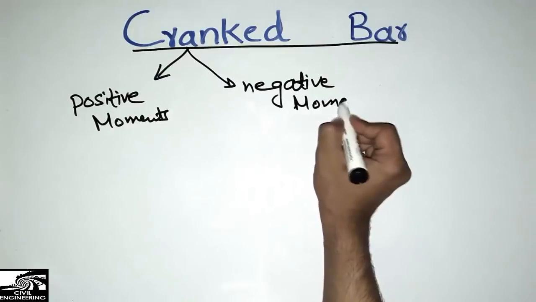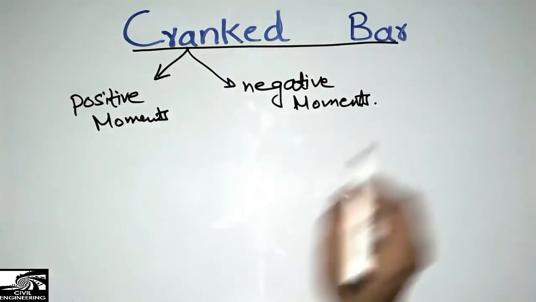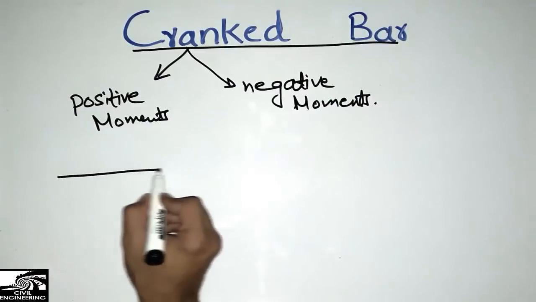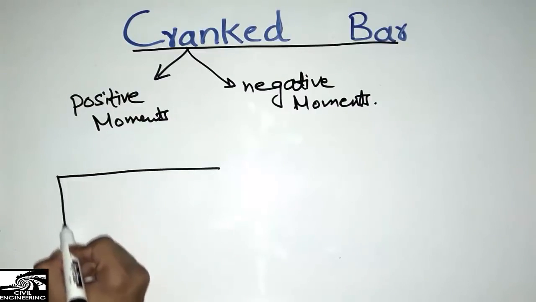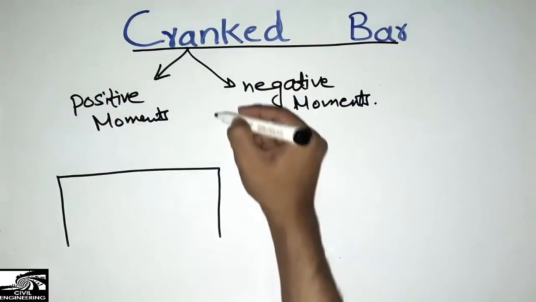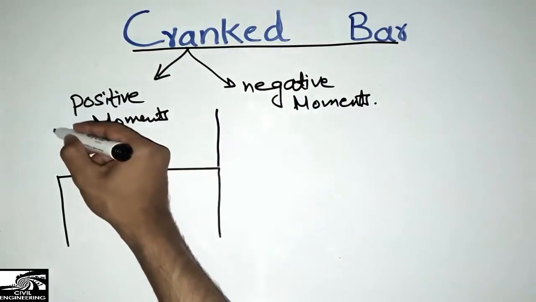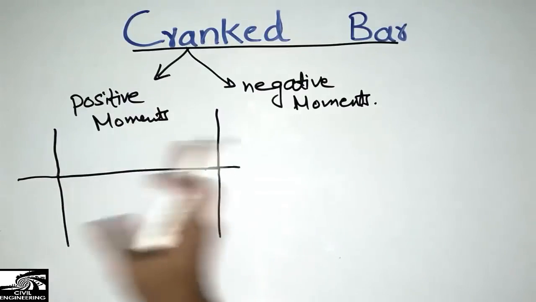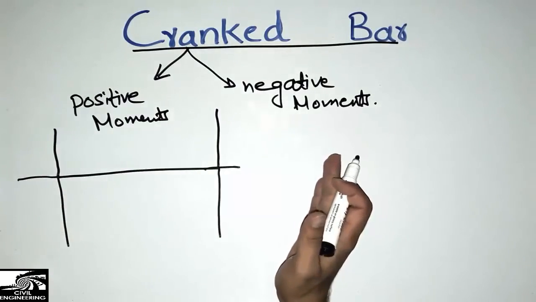So how? Let's take an example of this beam, and these are the two columns here. Let's take this upper story, the first story, and maybe there are some other beams going to the left side as well as the right side.